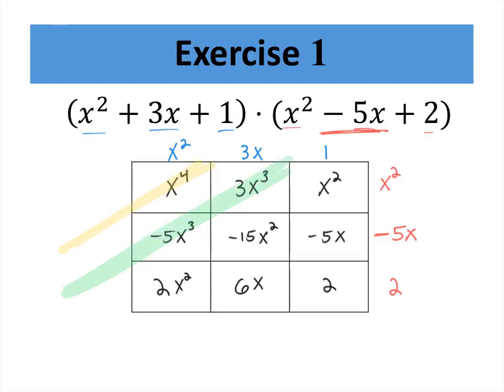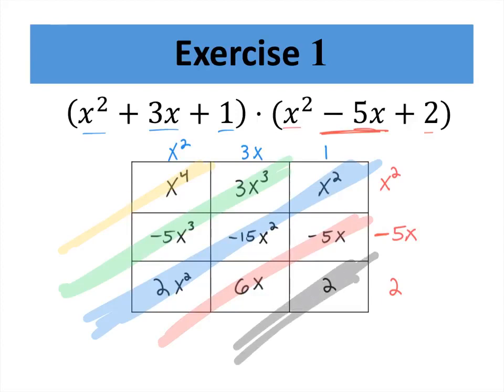These values are all together. These values all are x squares. These values all are x's. And these values are all 1s. So notice that we can go around the circle.